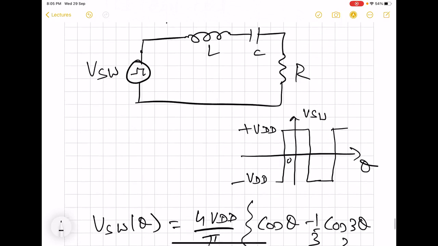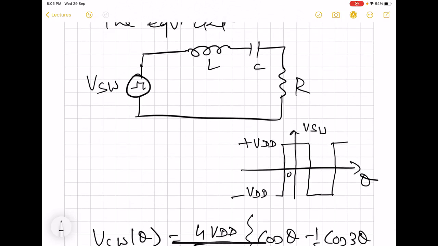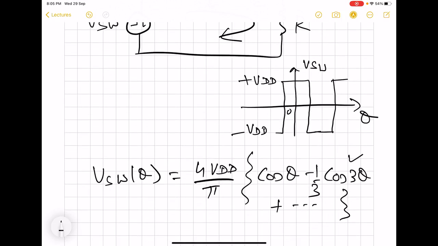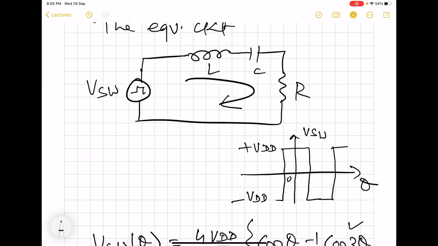Right. So again, there will be no DC through this. Only the fundamental will flow, for which LC will act as a short circuit. And for all the higher harmonics, again, there will be no current through this LCR, primarily because of L.